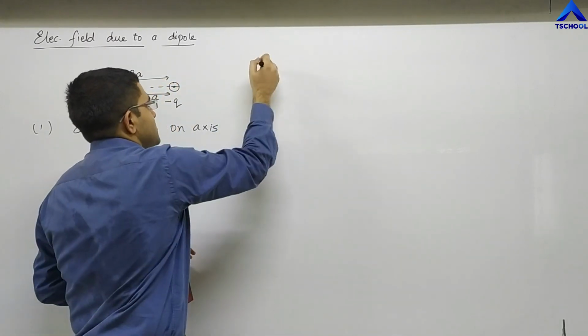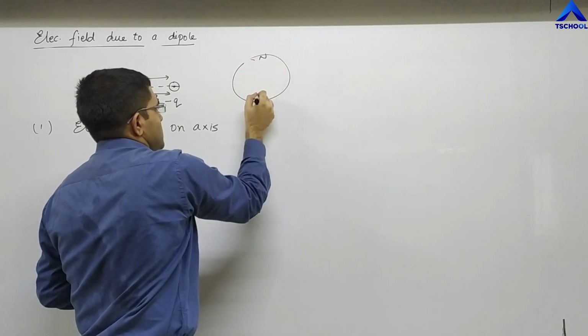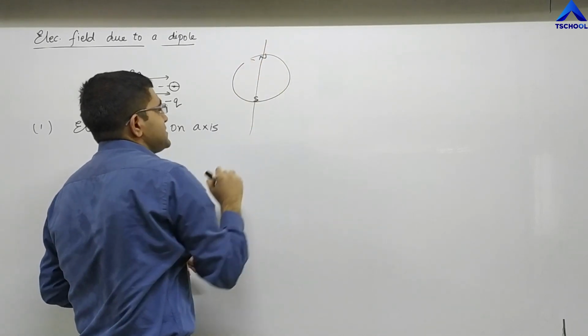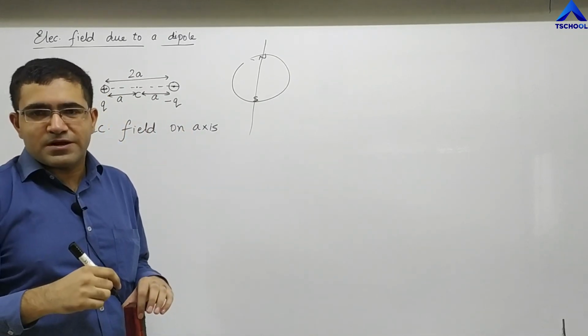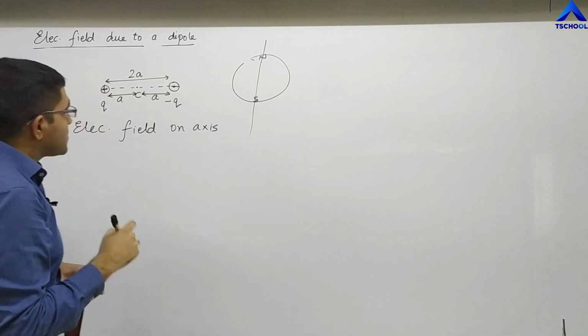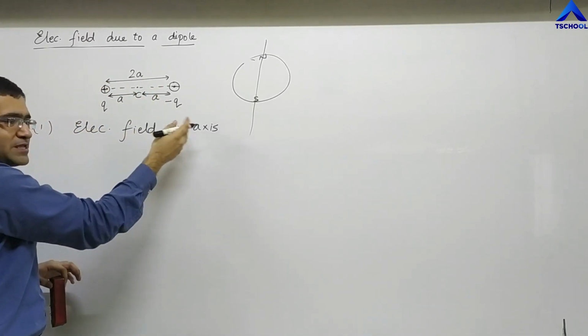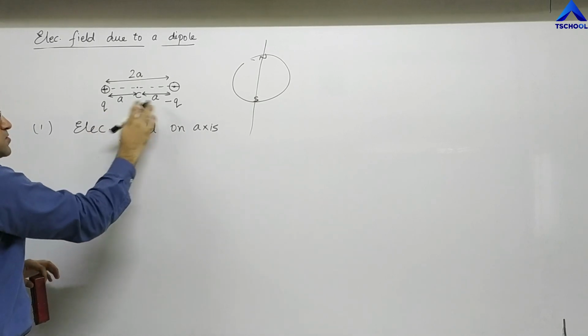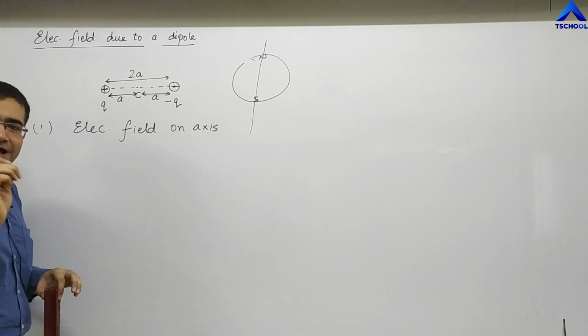Think about the earth: North Pole, South Pole, and the line that joins the North Pole with the South Pole is the axis. So over here we have two poles, positive pole, negative pole, hence the name dipole, two poles. So the line that joins these two is called the axis.